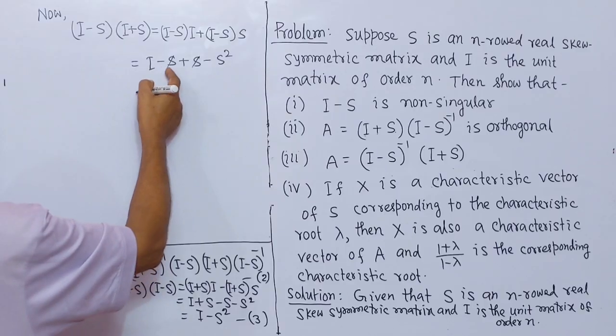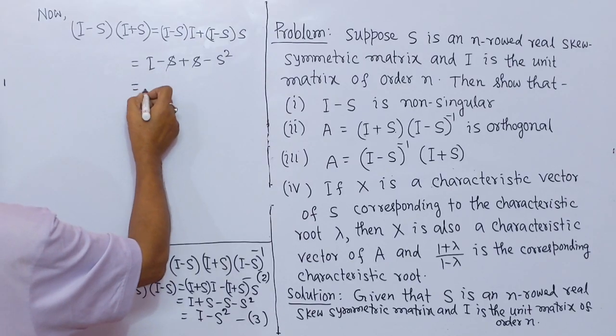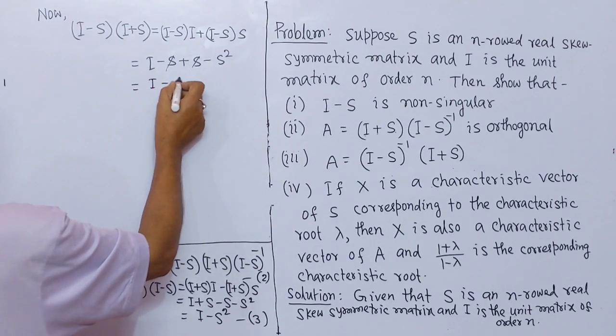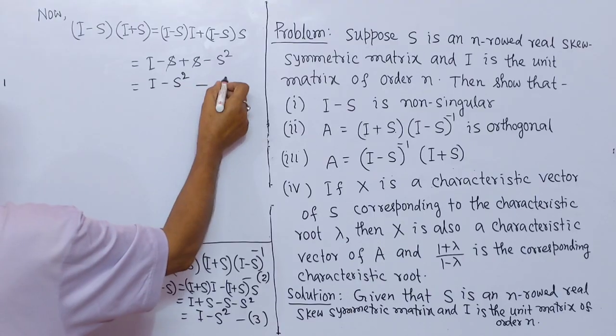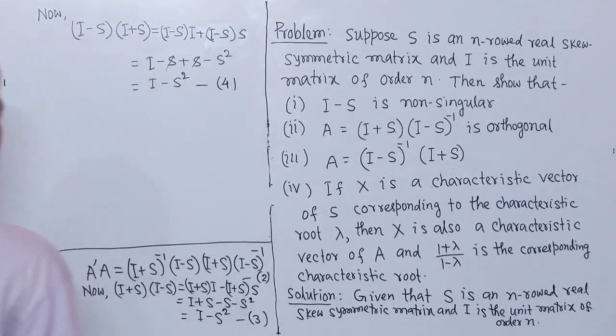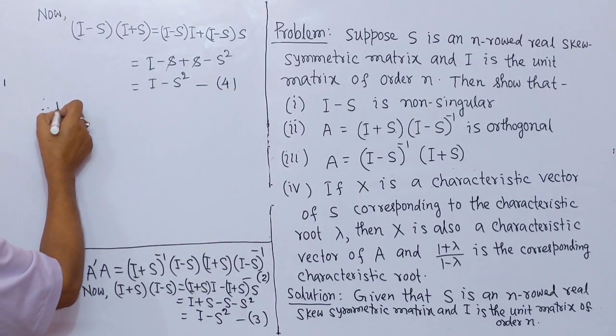Cancel S and S. So this will be equal to I minus S square. This is number 4.